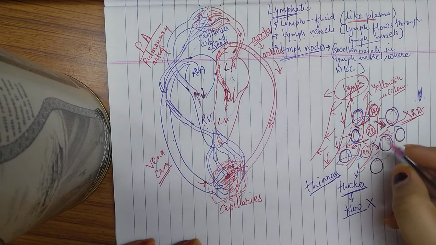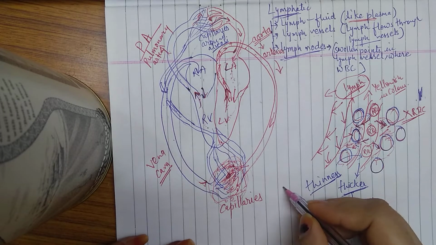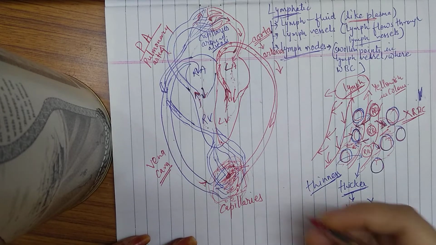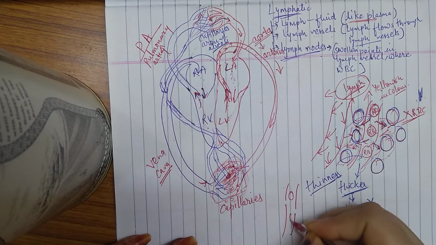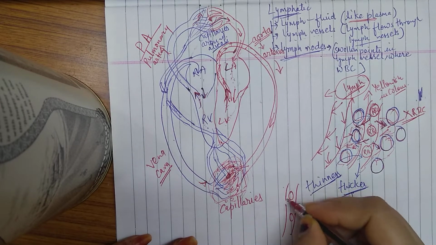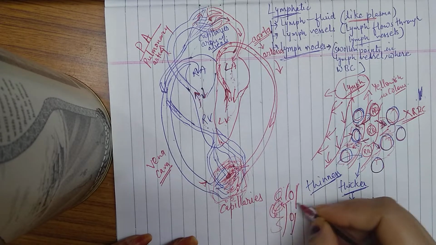See, when this lymph, this diagram has become messy, I am again drawing it. These are blood capillaries and the lymph is collected over here.